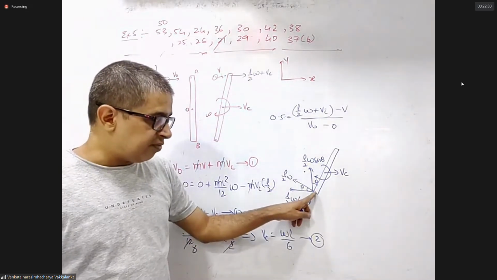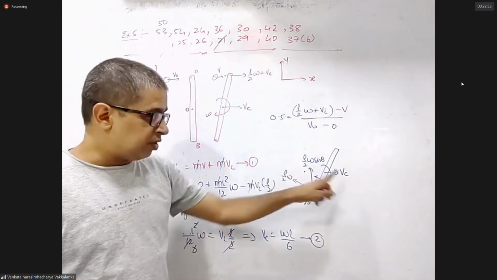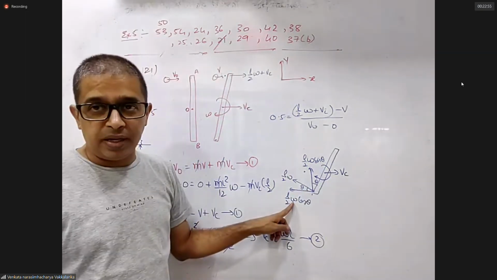Now, displacement of this along x-axis, velocity is Vc minus L by 2 omega cos theta.